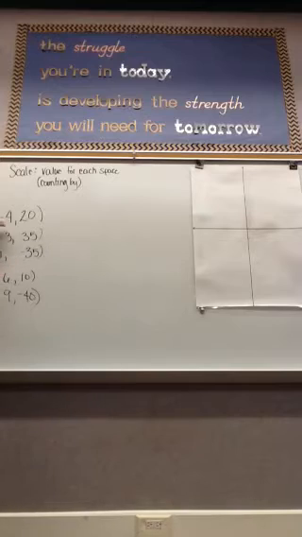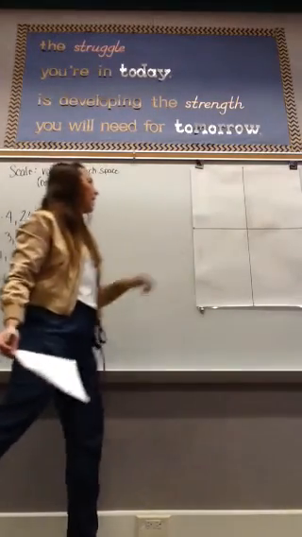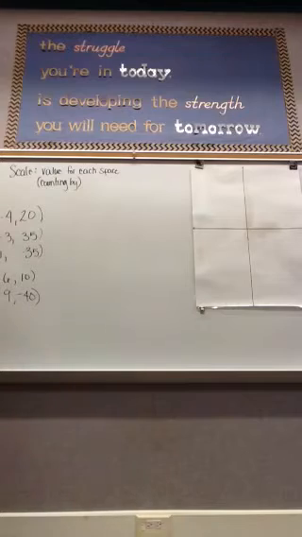So when we're looking at the scale, let's look at our x-coordinates. We want to find a common factor that all of our x-coordinates could be. We have 10 spaces on either side of the origin. So what could we count by that all of our x-coordinates would fall on a space?